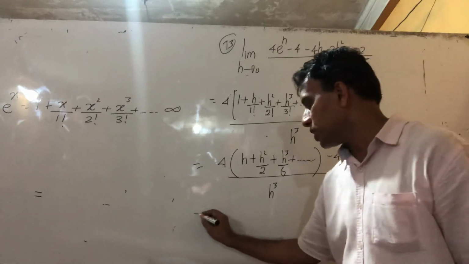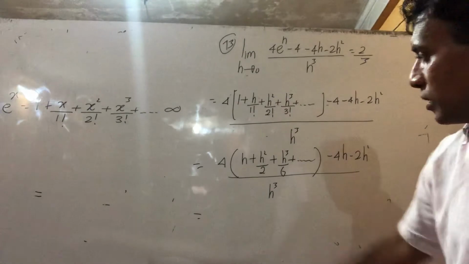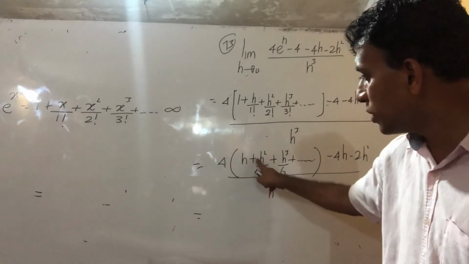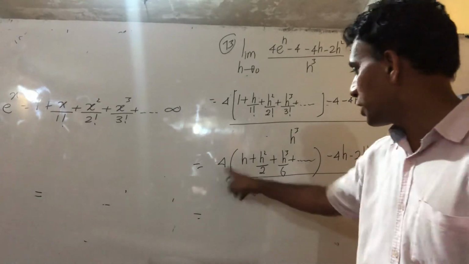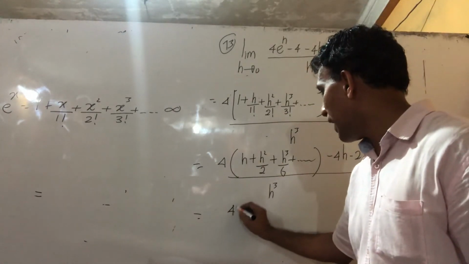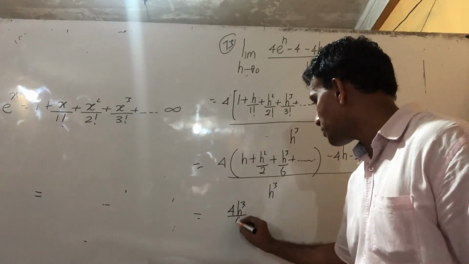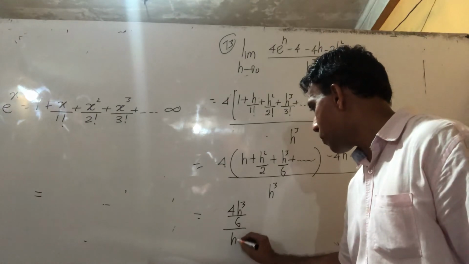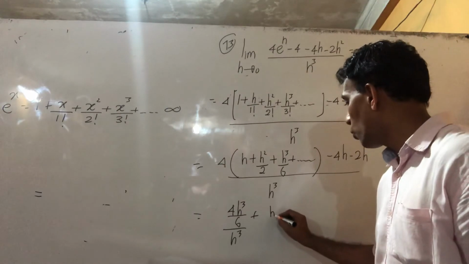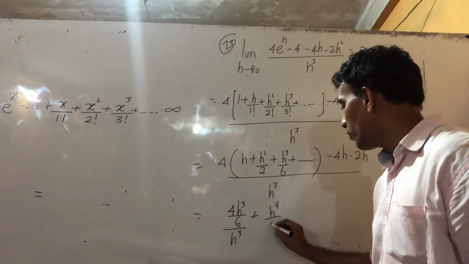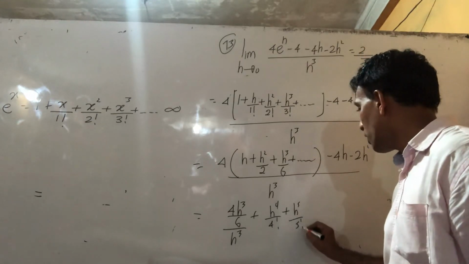Now see, if we further simplify the bracket, 4h cancels, multiplying by 4 here, 2h square minus 2h square cancels, but the remaining after that is 4h cube over 6 below h cube, plus h to the power 4 over factorial 4, h to the power 5 over factorial 5, like that.